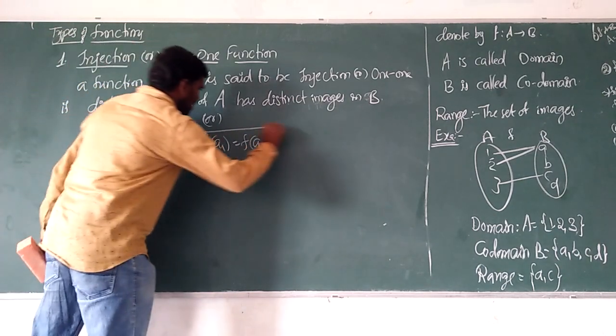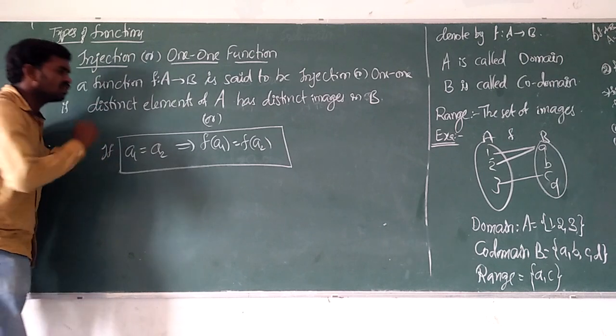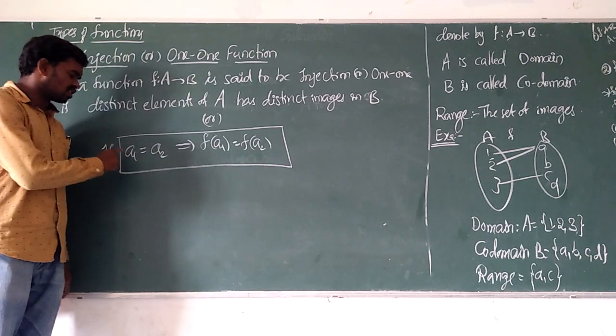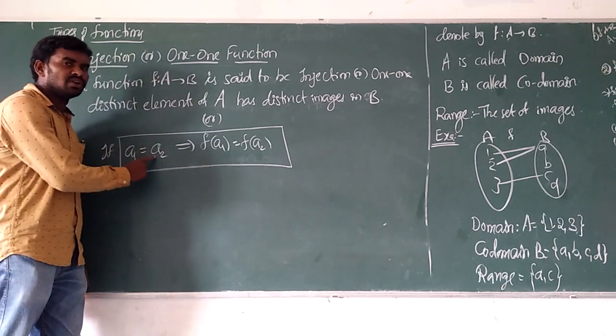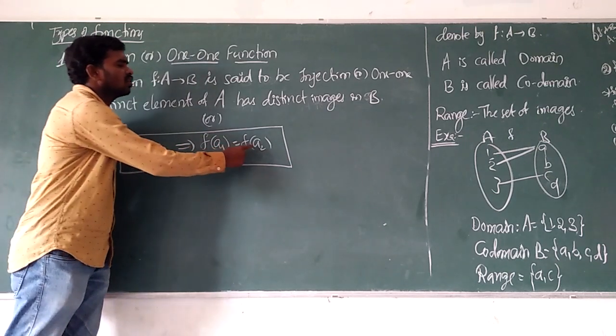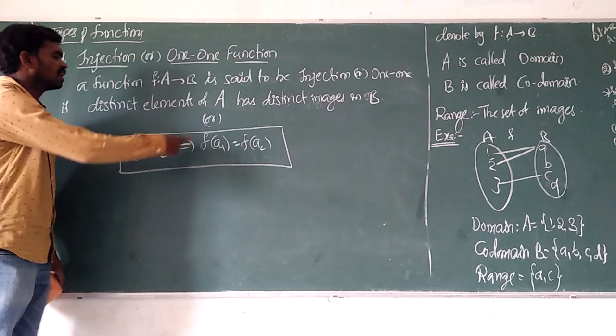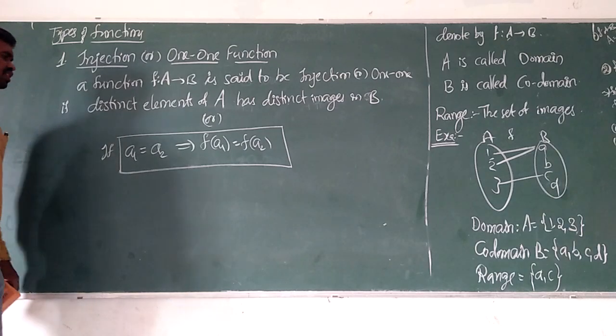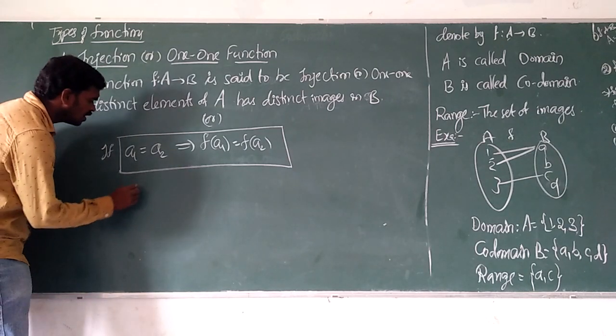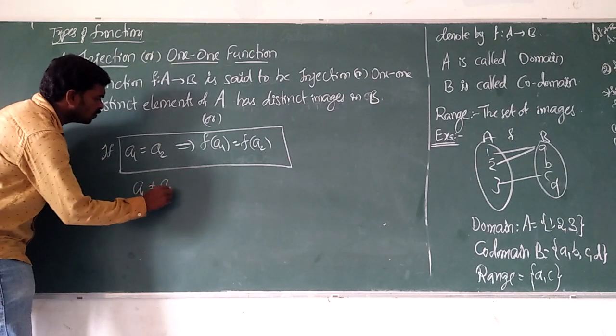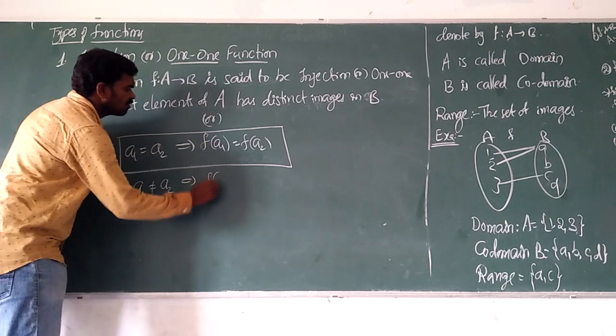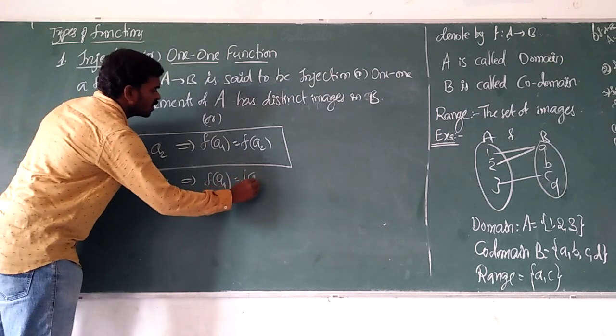So this definition is very useful for solving questions. If a1 equal to a2, then f of a1 equal to f of a2. Then we can say that f is a 1-1 function. Or if a1 not equal to a2, that implies f of a1 not equal to f of a2.